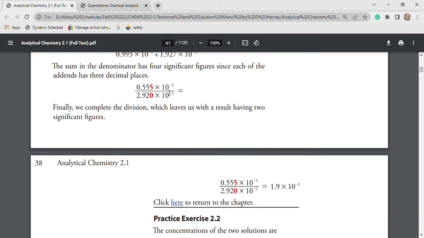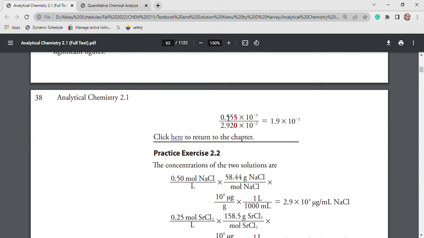The exponential part will be 10 to the negative 3 minus, open parentheses, negative 2. And so that is basically the number that you get here, and after doing this operation, the top minus the bottom for the exponent, you come up with 1.9 times 10 to the negative 2. That is your answer.